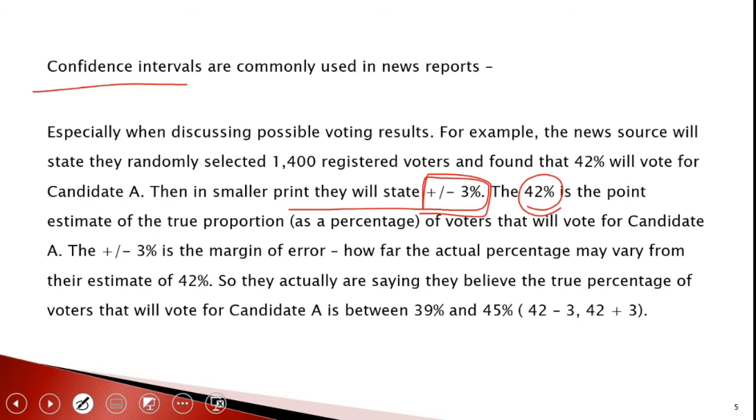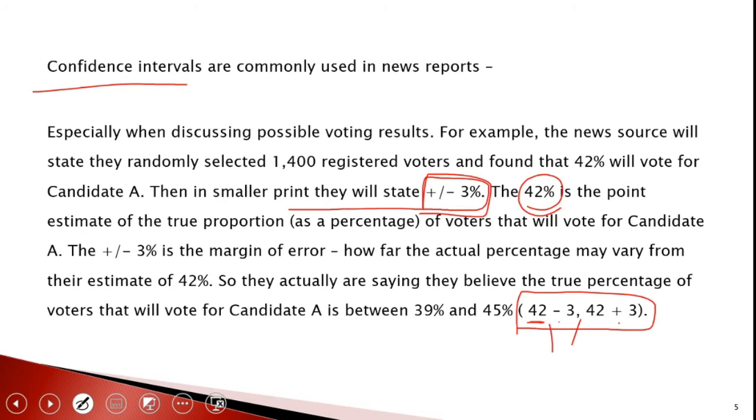So we can interpret, or we can simply write these values within a range like this: 42 minus 3, 42 minus 3, comma, the other case is 42 plus 3, two cases.